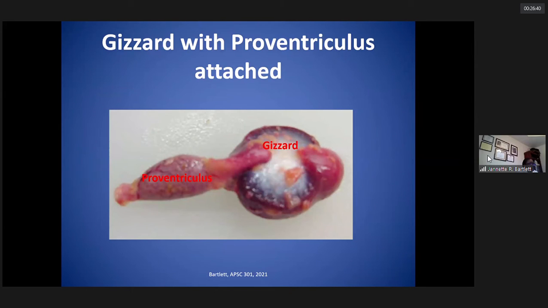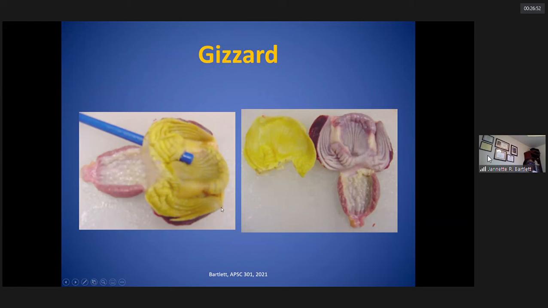Okay, this is just a diagram showing the gizzard and the proventriculus. And I'm sure most of you have seen this already, especially those who eat the gizzard. Now, when you open up the gizzard, it has this yellow lining. Before you eat it, this lining is removed.